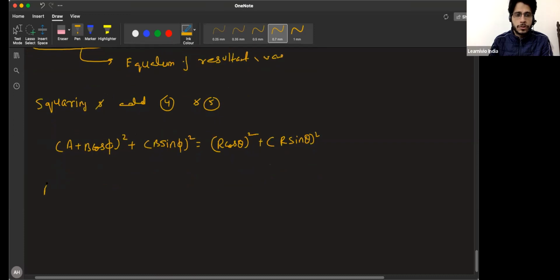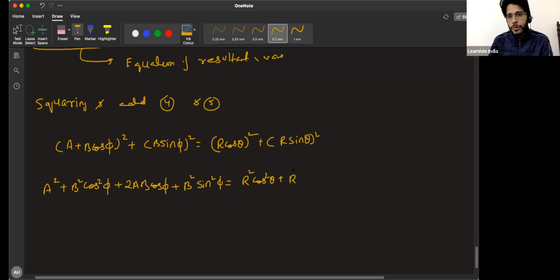So when you open the square, it's a square plus b square cos square phi plus 2ab cos phi plus b square sin square phi is r square cos square theta plus r square sin square theta.